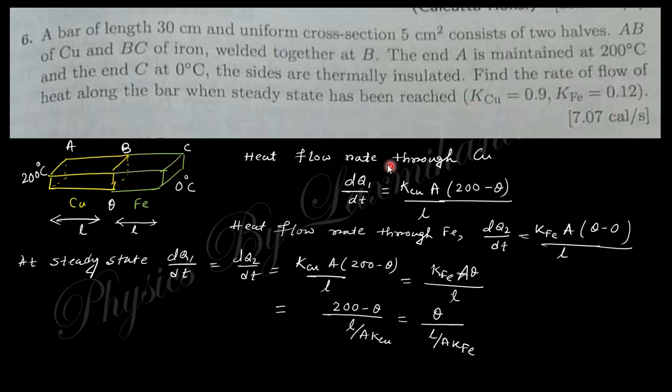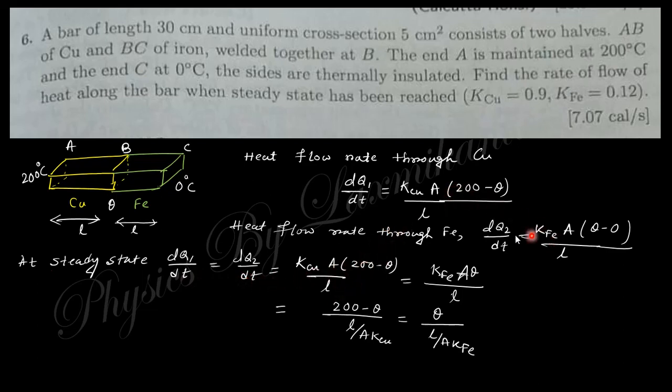The rate of heat flow within the copper is the thermal conductivity of copper times cross-section area times temperature difference divided by length. In the case of iron, it is the thermal conductivity of iron times cross-section area times temperature difference by length. These must be equal because it is the steady state: the heat flow from this side must equal the heat flow of that side.